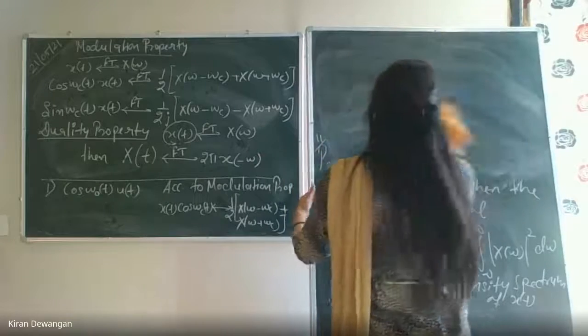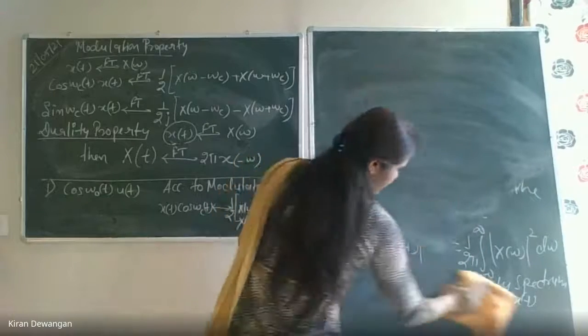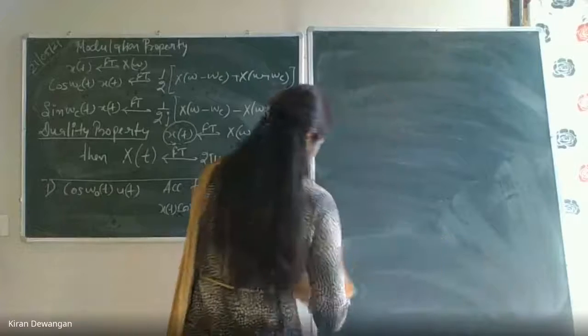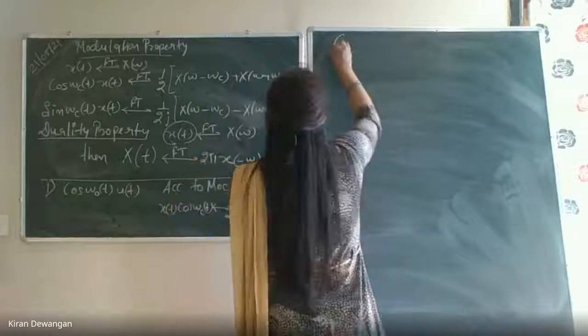And one more was there, which is the conjugation property. Let us just do that also, and then we'll solve the numerical. Conjugation property.